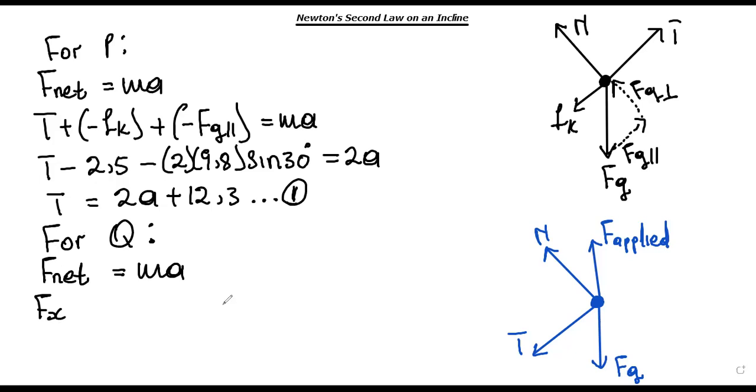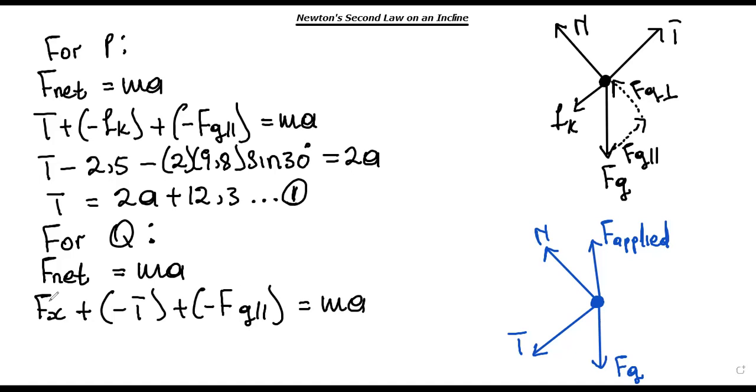So let's call it F in the X. Then we say plus. The tension force will be negative, as well as the parallel component of the gravitational force. It's negative.